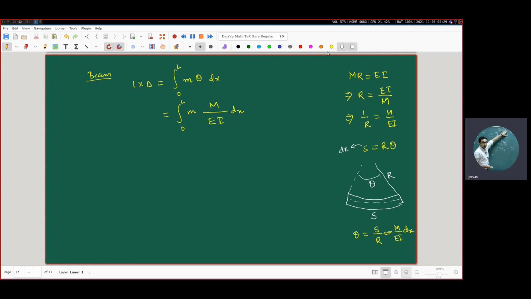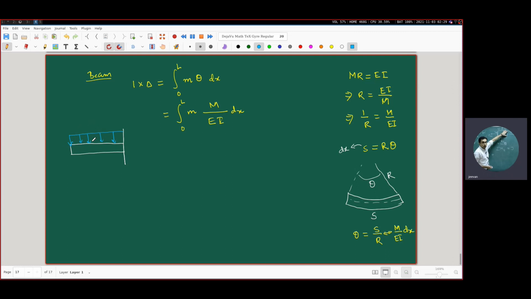For instance, if you have a beam like this, subjected to a uniformly distributed loading, and you wish to find the deflection at this end, or at this point, anywhere, all you have to do is apply a virtual force at whichever point you are interested in, in the unloaded condition.